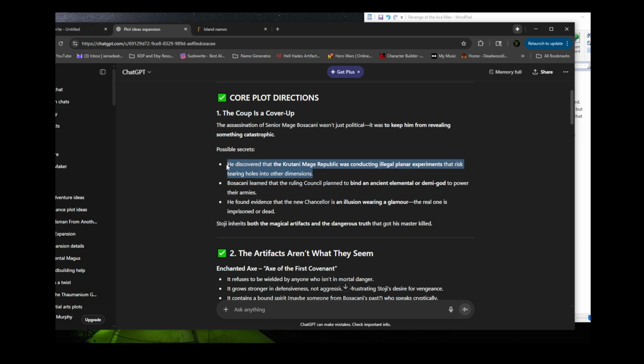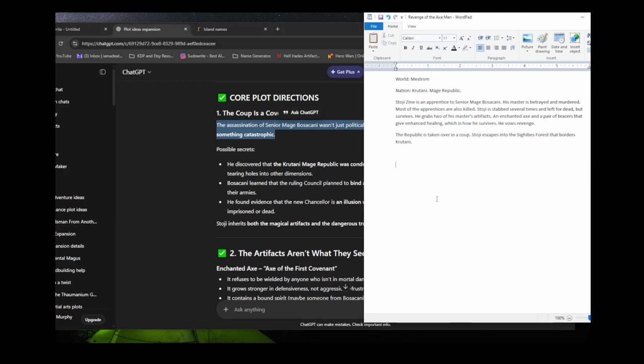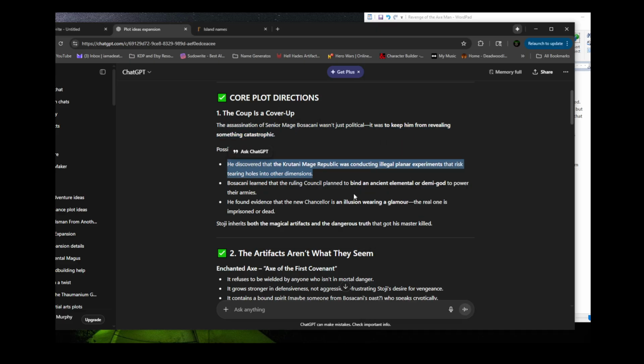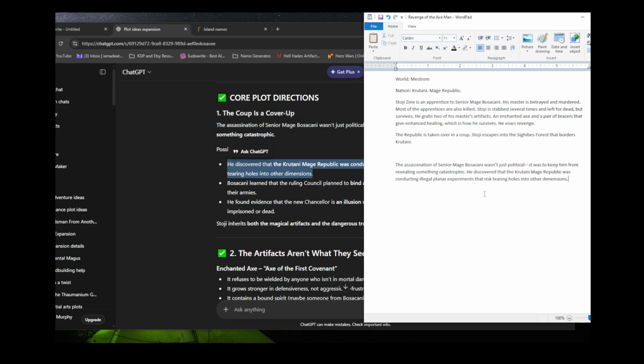So we could say that the assassination wasn't just political, it was to keep him from revealing something catastrophic. And he discovered that the major public was conducting illegal experiments that risked tearing holes into other dimensions.